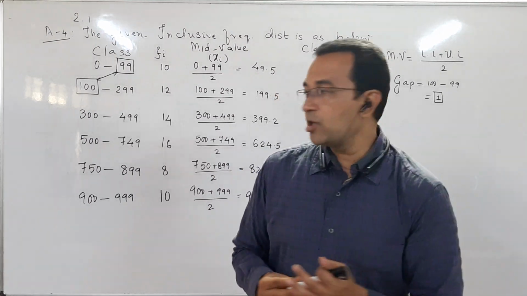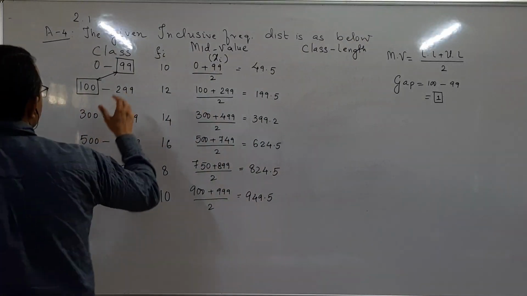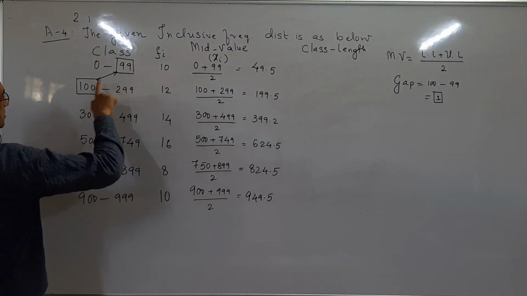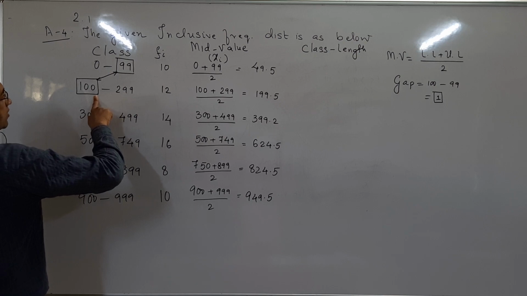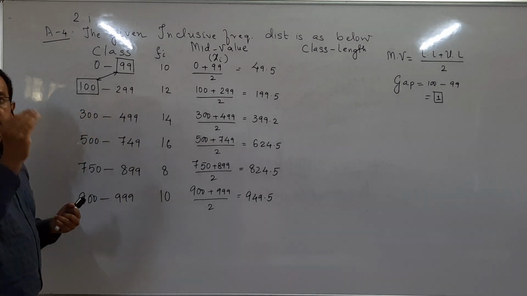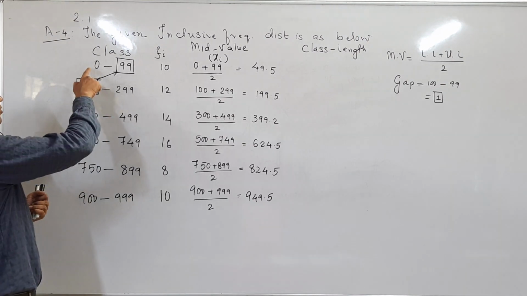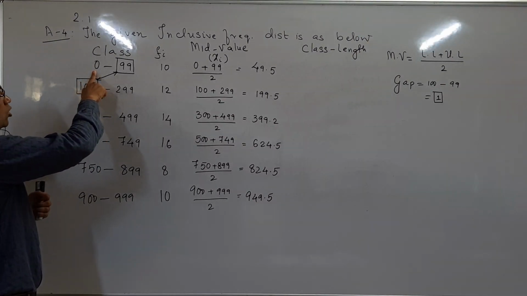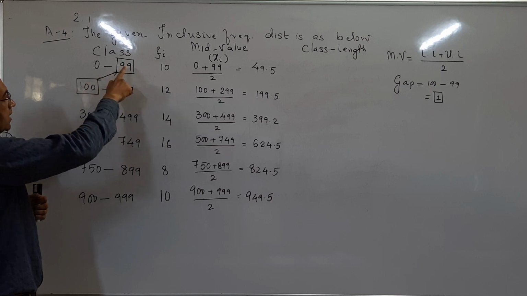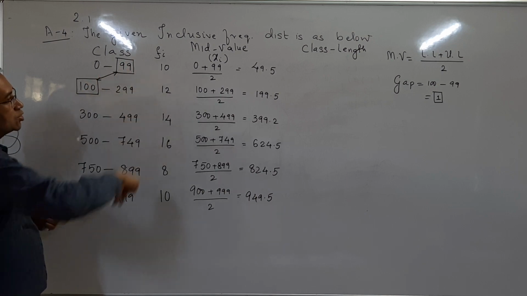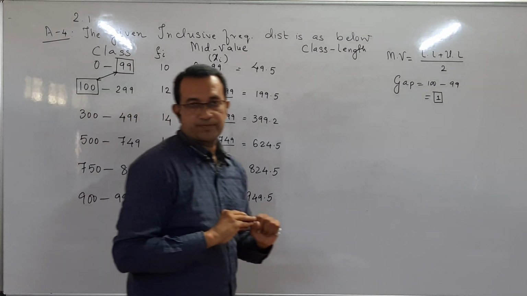Once again, what is the logic? The gap between upper limit of first class and lower limit of second class is 1. Half of the gap, what is half of 1? 0.5. I subtract from lower limit to get lower boundary point and add to upper limit to get upper boundary point.